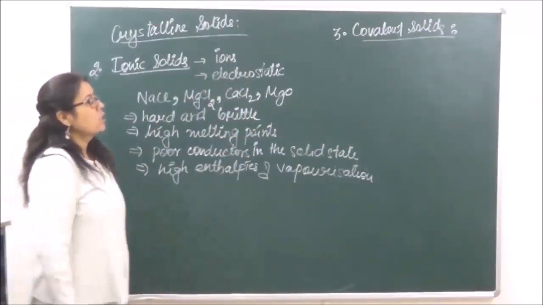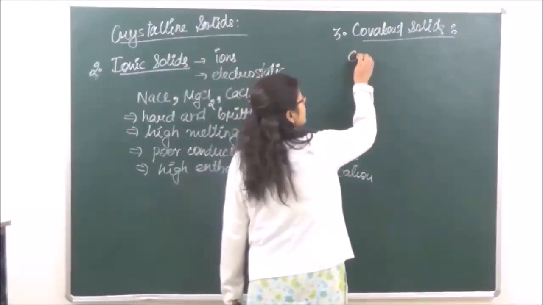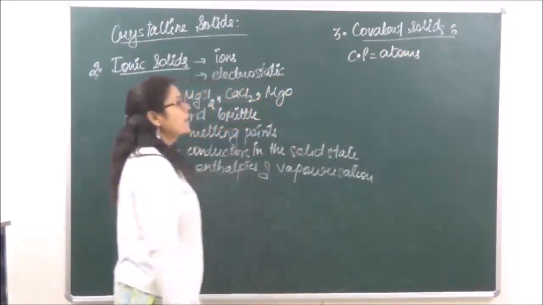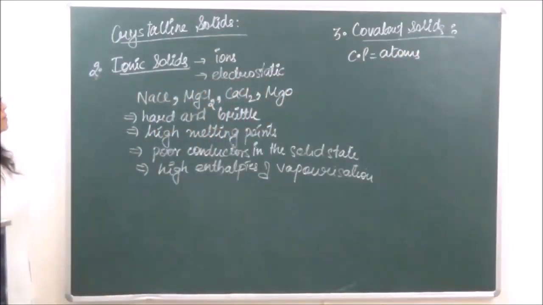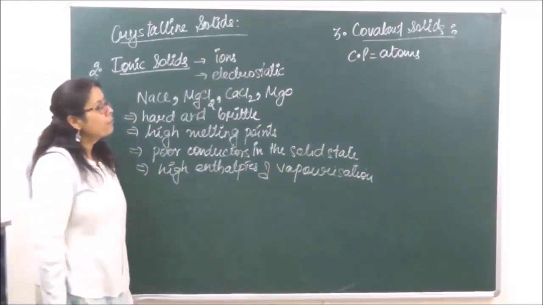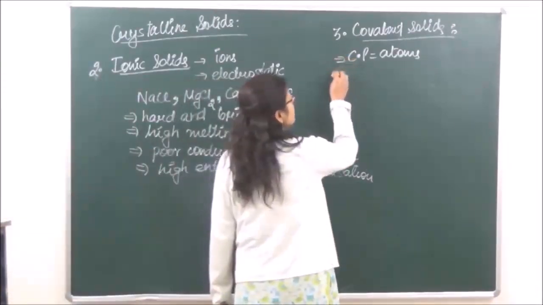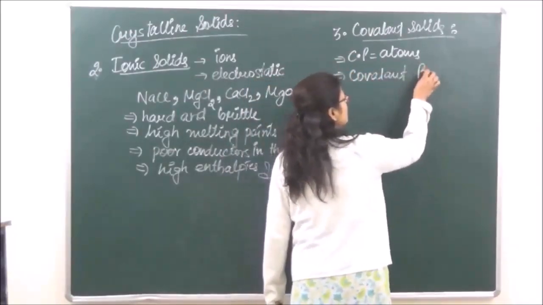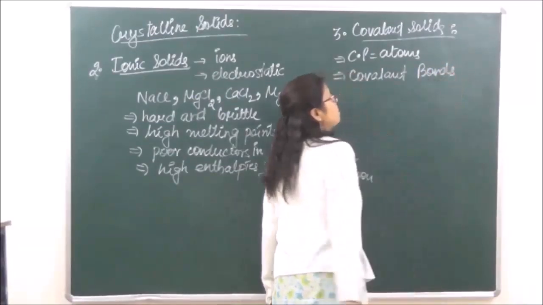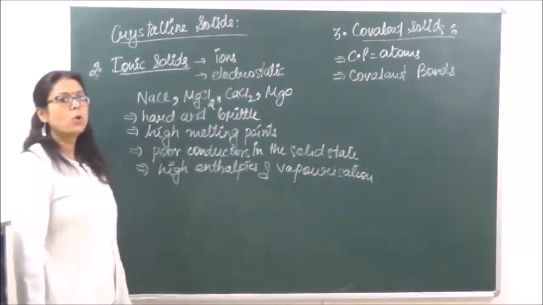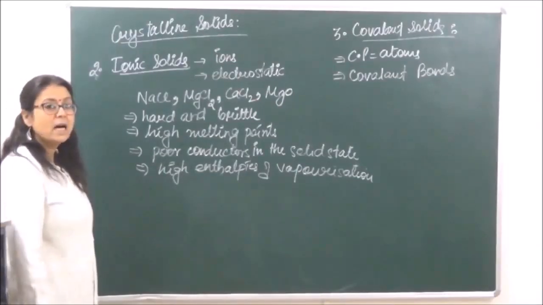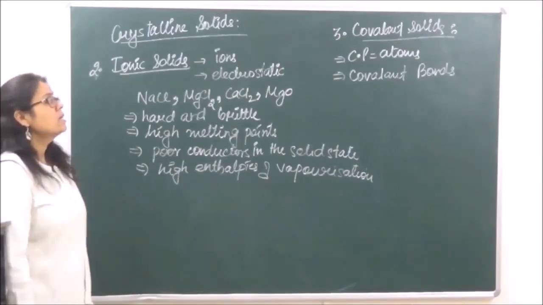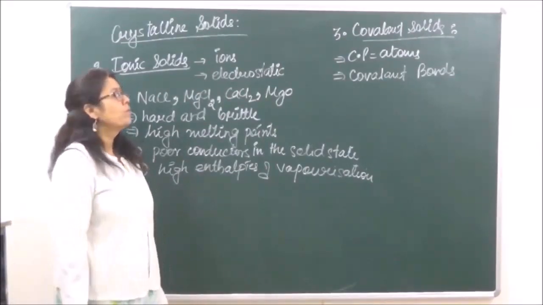In covalent solids, the constituent particles are atoms, and the forces of attraction are covalent bonds. In covalent solids the constituent particles are atoms and the forces of attraction are covalent bonds.